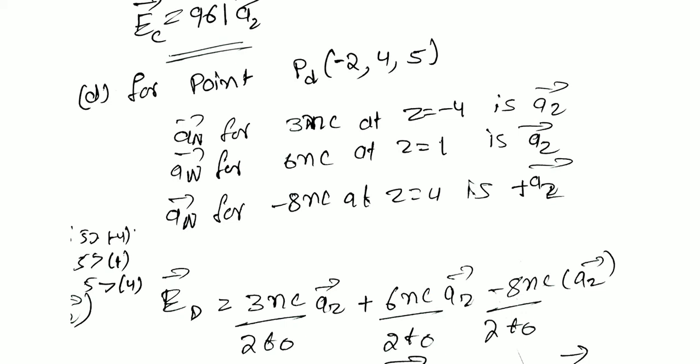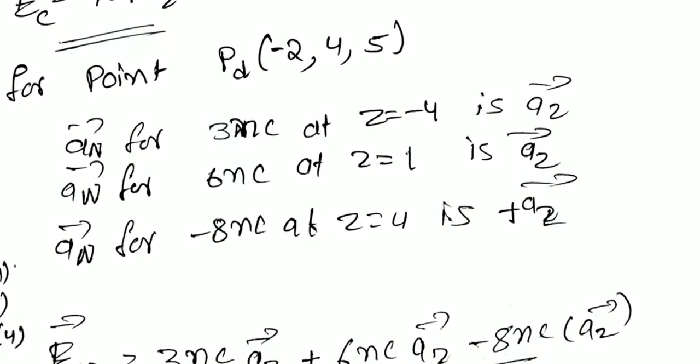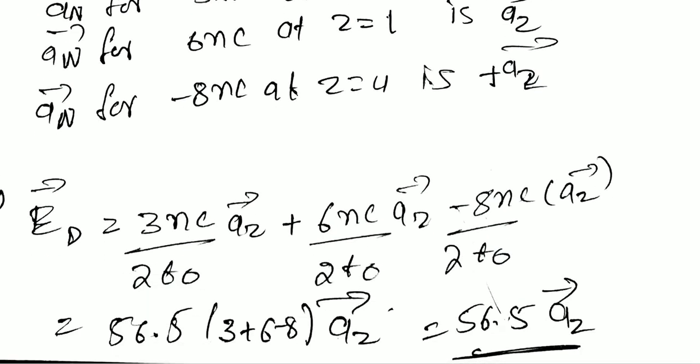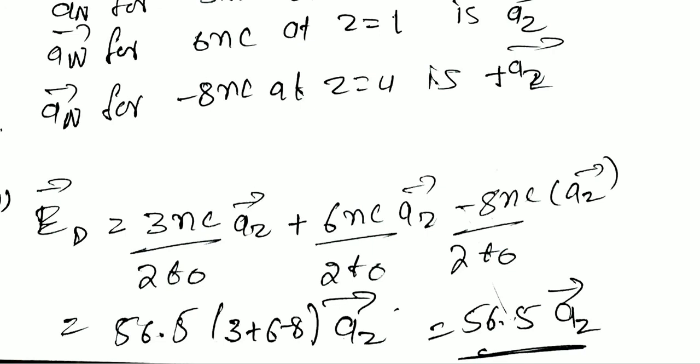The 3 nanocoulomb is az, the 6 nanocoulomb is also az, and the minus 8 nanocoulomb is also az, because our point of observation is present above all the three plates. So our electric field is moving in the positive z direction. After substituting this, we will get this as an answer. Okay, hope you understood.